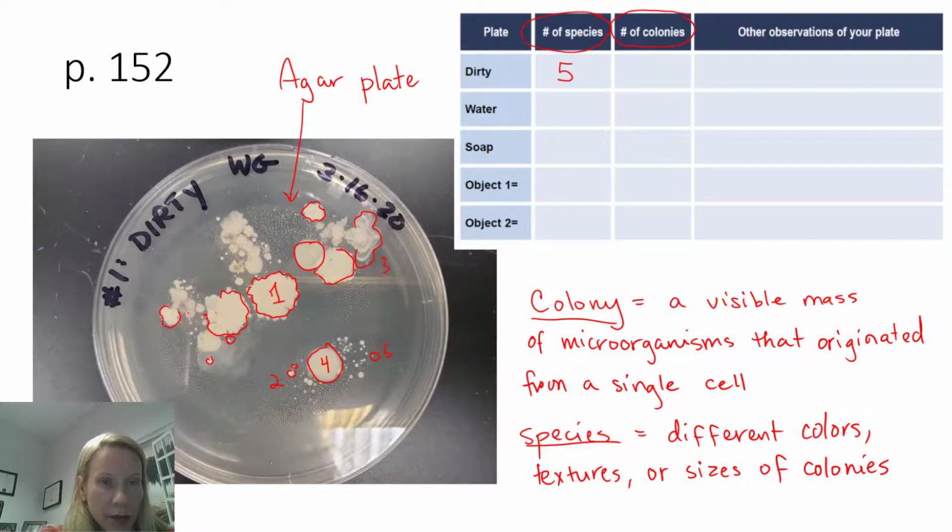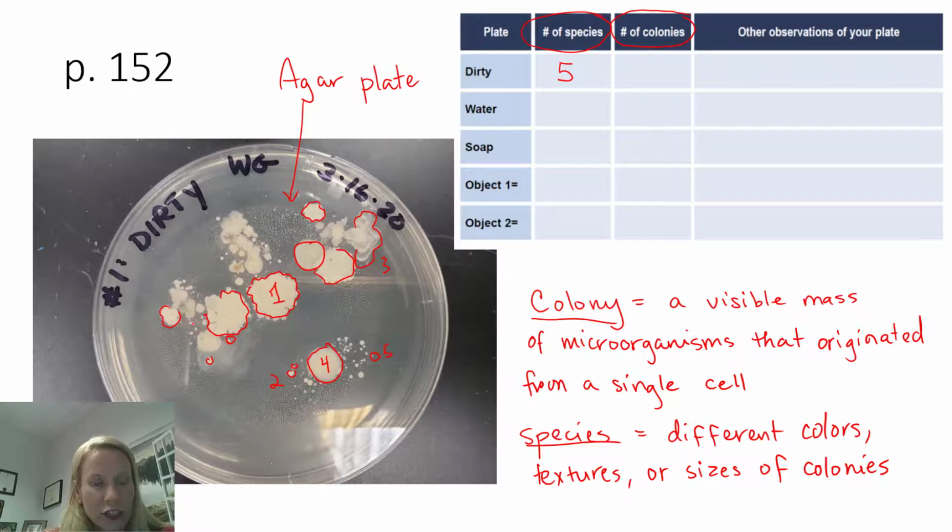And the reason why they merge together is that as they grow, as the cells divide, if the original bacteria that was on my hands was close to another bacterial cell, when they started to divide, they sort of merge together.